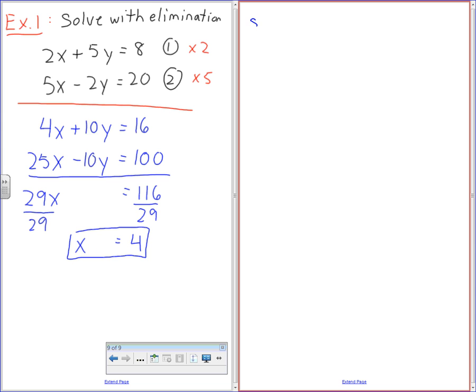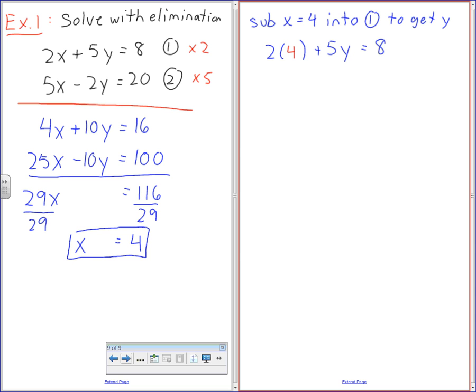Okay, so now I'm going to sub x equals 4 into 1 to get y. Okay, so it's going to say 2 bracket 4 plus 5y equals 8. Bailey, how you feeling?